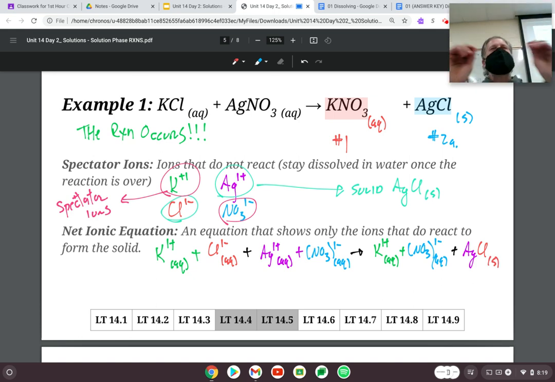When I write the net ionic equation, I only have to record what ions were present at the beginning that made the solid at the end. What two guys were about to fight that got into the fight at the end.